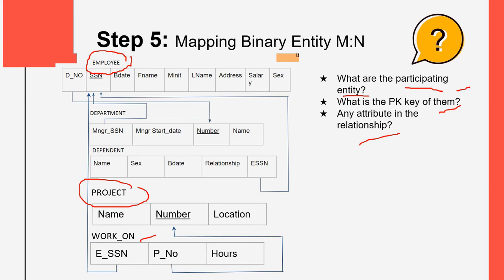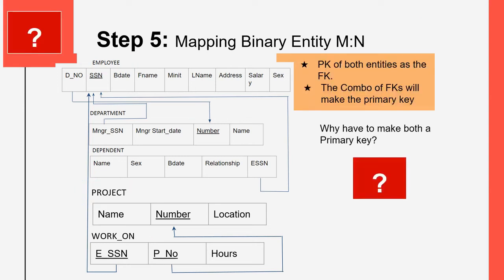Okay, so it's not done yet because the rule says that the PK of both entities as the foreign key, the combo of foreign keys will make the primary key. For this rule, we have to underline both of these foreign keys to be a primary key.